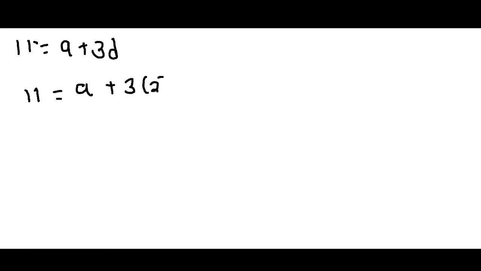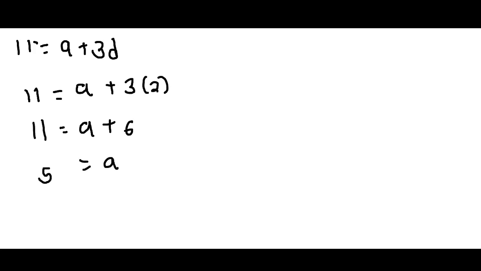We know that 11 equals a plus 3d. The value of d is 2, so it will be 3 times 2. So 11 equals a plus 6. A will be equal to 5.